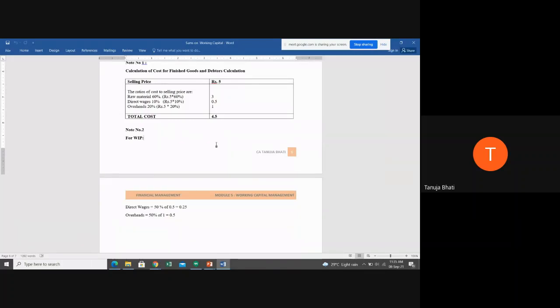Quick, students. For finished goods, what value should I take? Should I take the selling price or the cost price?